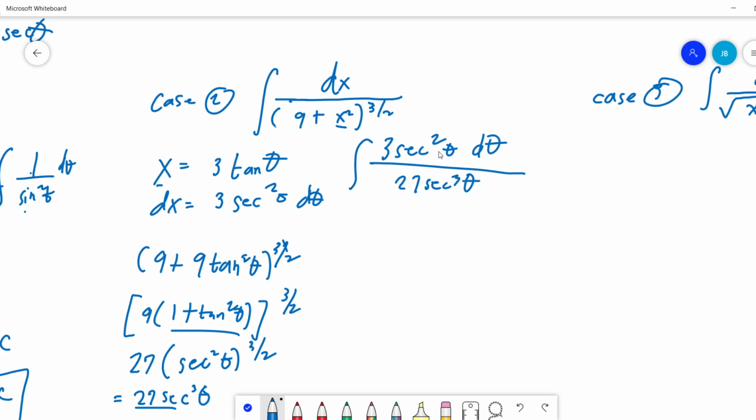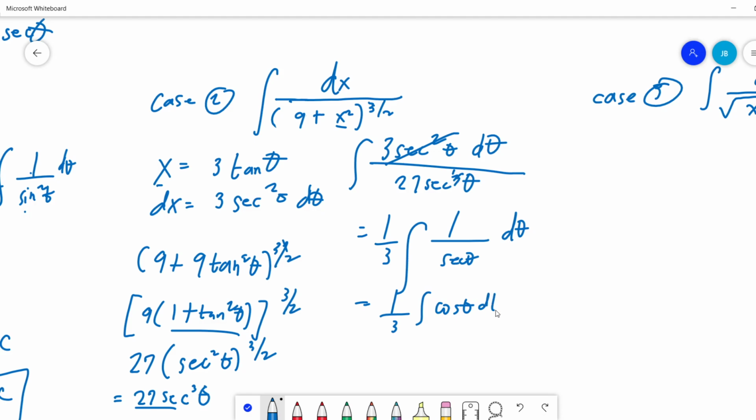Alright, so this would be canceled, and what's left in the denominator is 1. So 3 over 27, that is 1/3. Again, what's left is 1 over secant theta d theta. And 1 over secant is cos, correct? So 1/3 cos theta d theta.